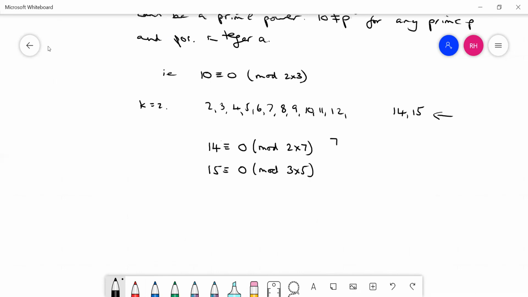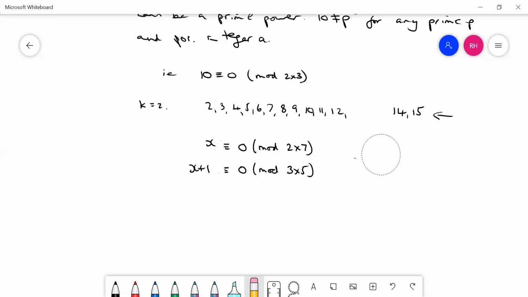And now the Chinese remainder theorem. If we're going to generalize this, we just say x, so this is actually x plus 1. We're not quite ready for the Chinese remainder theorem.